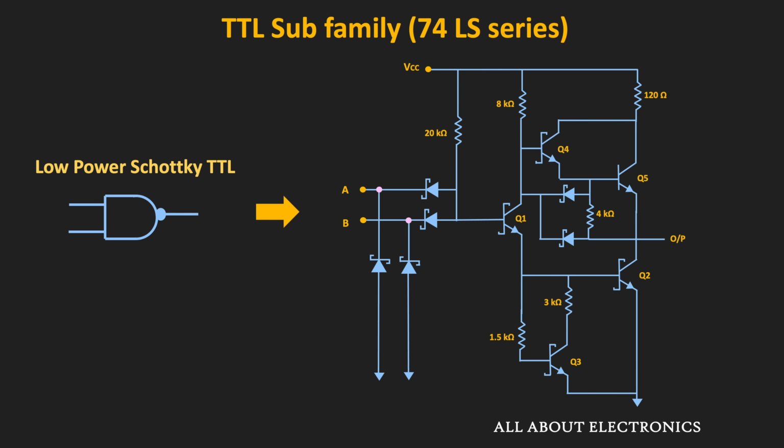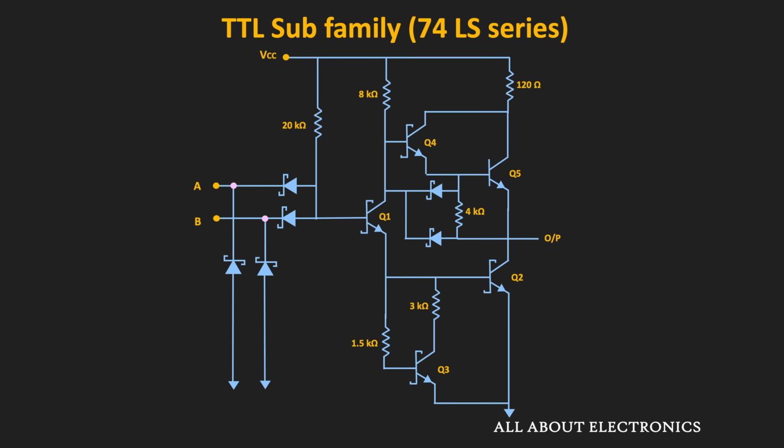But here, since it is a low power version of the 74S series, the values of all the resistors were increased. Apart from that, there are a couple of more changes on the design side. On the input side, instead of the multi-emitter transistor, we have two simple Schottky diodes. The reason is that the Schottky diode requires much lesser space compared to the conventional multi-emitter transistor.